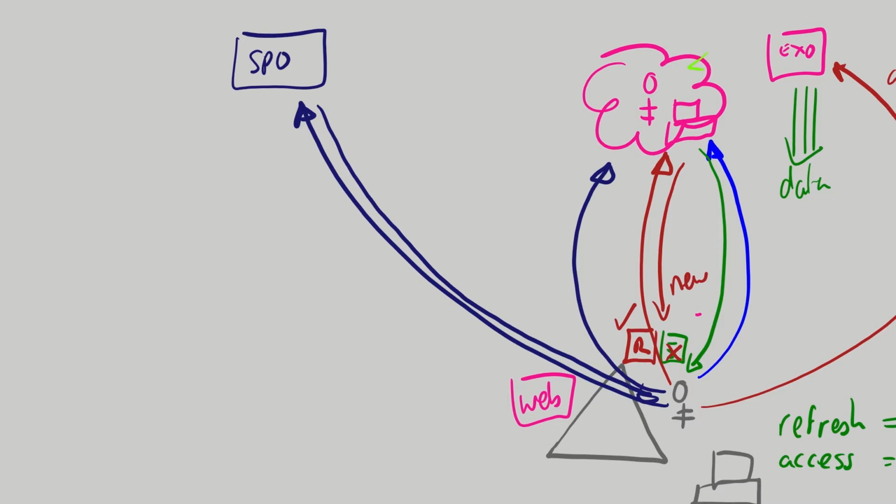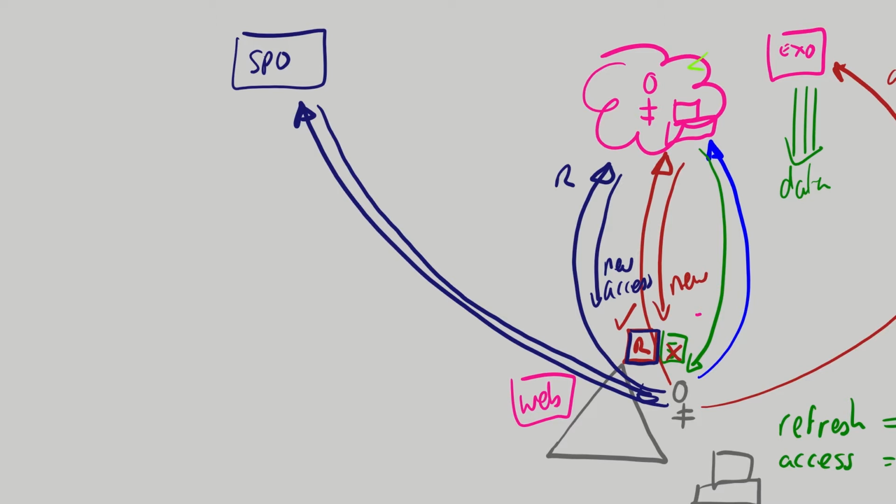Now the difference this time is the user has the refresh token, and it's got just under 90 days valid on it. It's got an access token, but the access token is for Exchange Online. The access token is not for SharePoint, but the refresh token is for Azure Active Directory. So I present the refresh token, and from that I get back a new access token.